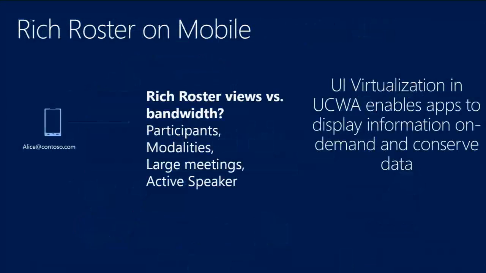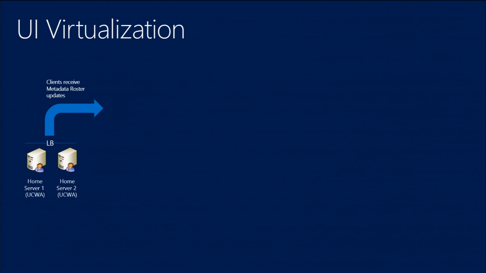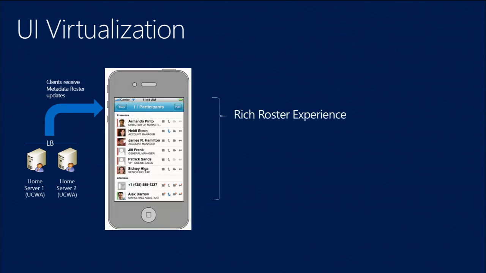So, rich roster on mobile devices. Now we have the ability to view the participants and their modalities, or who's speaking, from our mobile device as well. Here, the client will receive this metadata roster list from the front end itself, and then we can display this on the device.